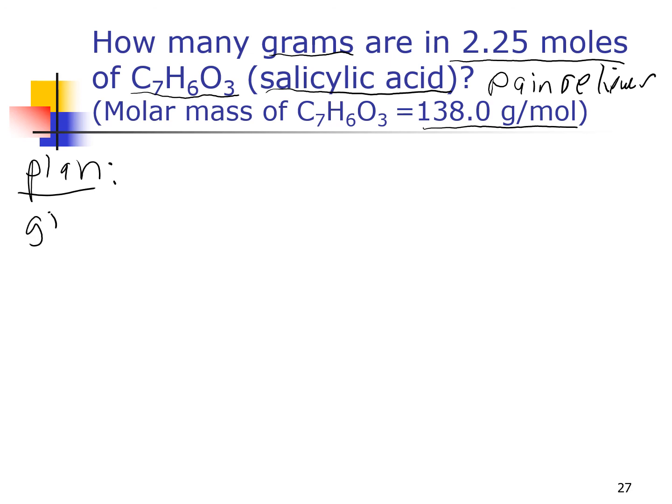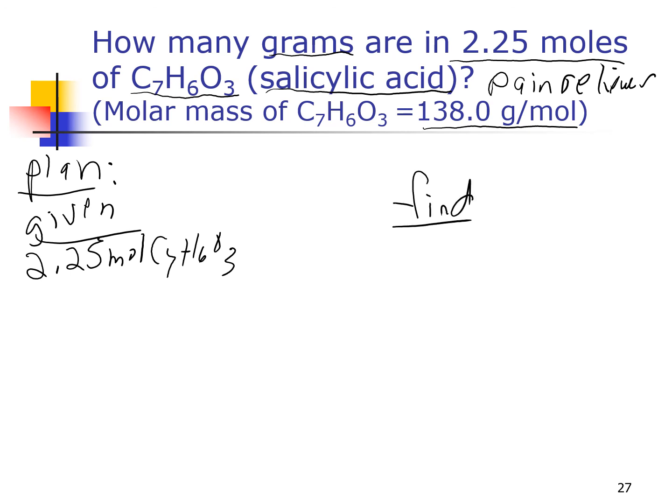We are given 2.25 moles C7H6O3, and what we're trying to find is grams. How we convert from moles to grams is we use the molar mass of salicylic acid.